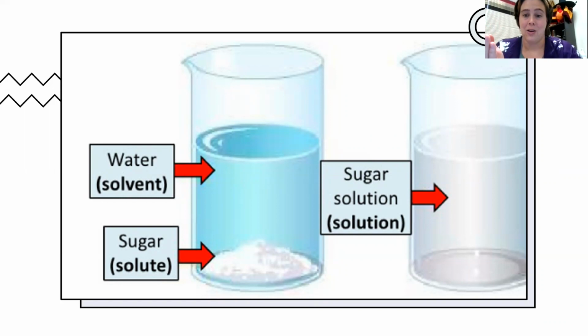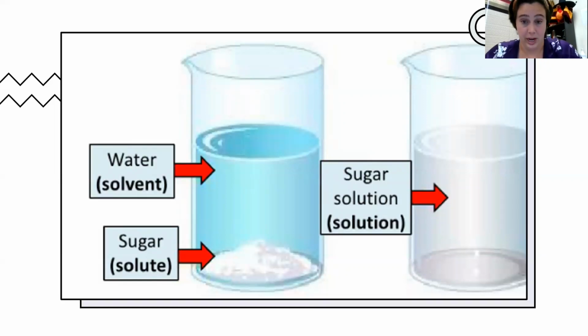Because remember, sugar can dissolve into water because the sugar is still there in the water, right? Exactly. It didn't turn into something new. It just allowed the sugar to spread around the water a little bit more easily.